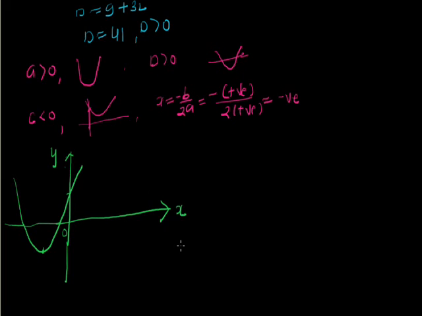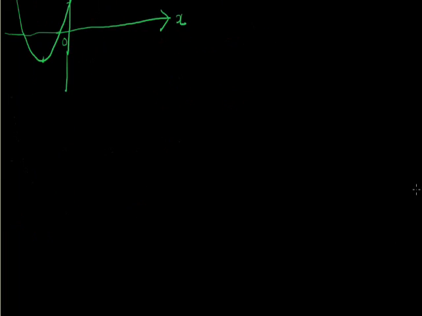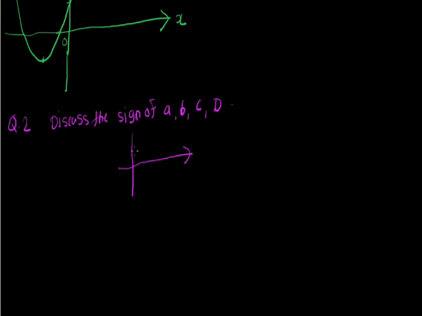Now let us solve a few more questions on the basis of the graph of quadratic polynomials. We are given the following graph, and we have to tell the signs of a, b, c and D. Let us solve this question.